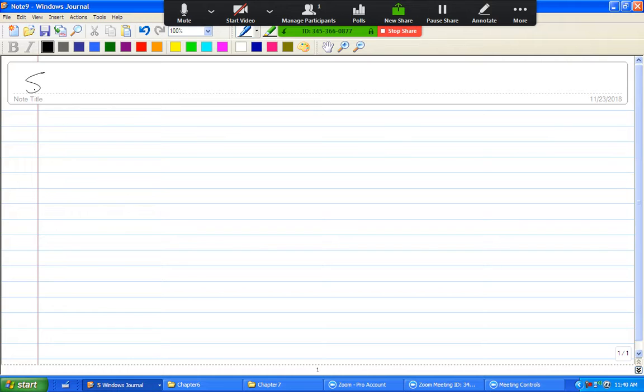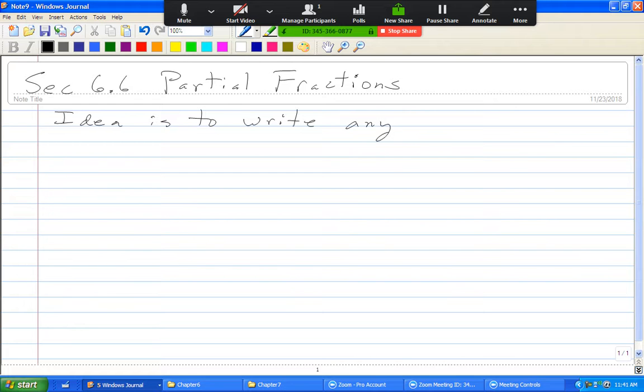Partial fractions. So the idea of partial fractions is I want to write any sort of rational function to be in the following form.